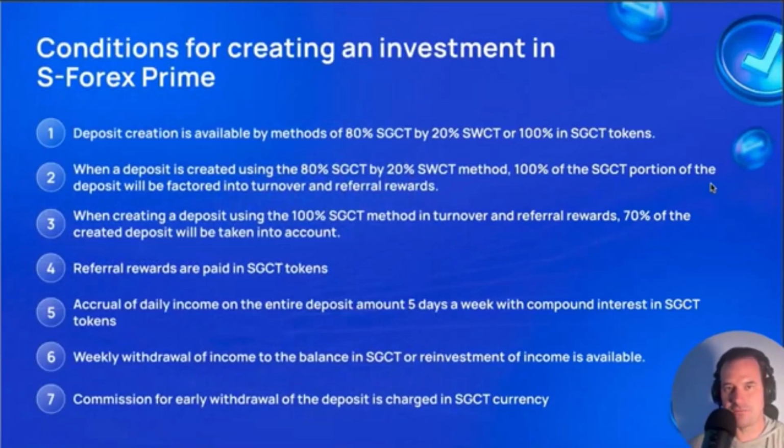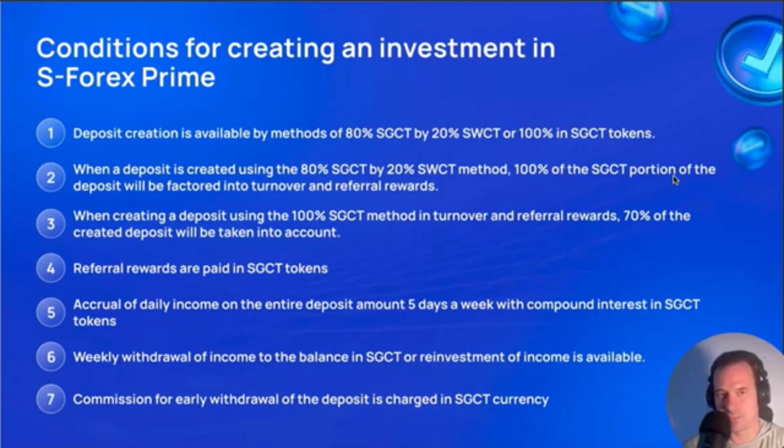Conditions for creating an investment in S-Forex Prime. Number 1, deposit creation is available by methods of 80% SGCT / 20% SWCT or 100% SGCT tokens there.